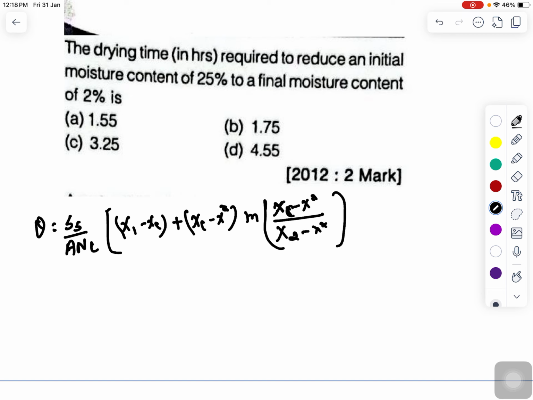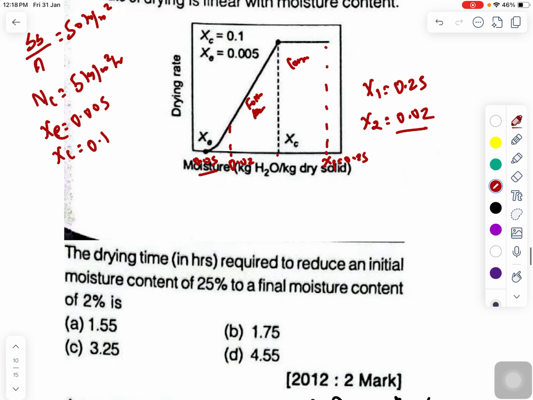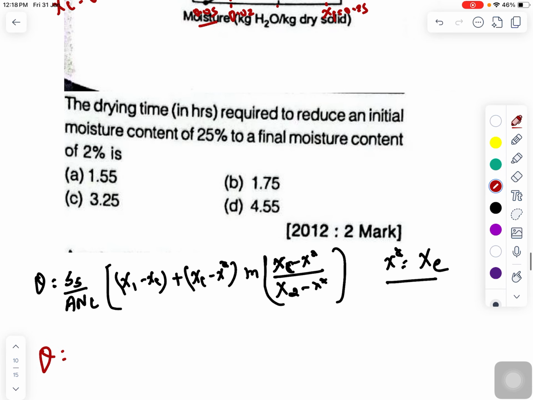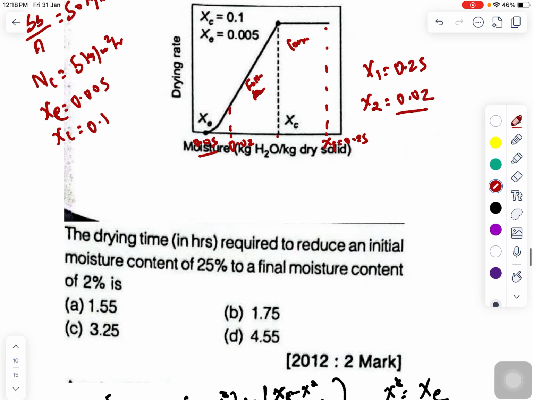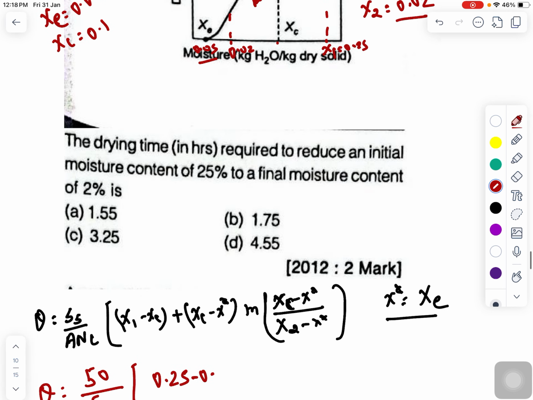X star is the equilibrium moisture content, right? So let's try to substitute these things. Ss divided by A, so 50 divided by 5. So you can write here 50 divided by 5, and X1 is 0.25 minus Xc.